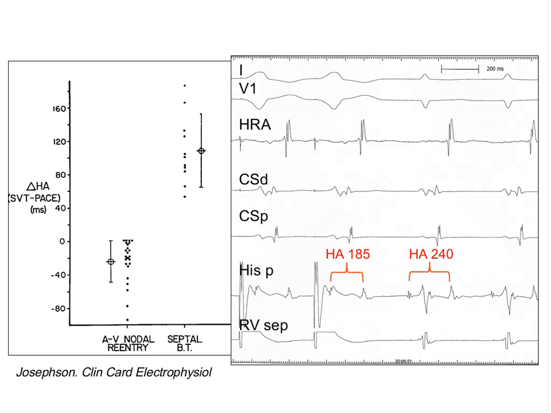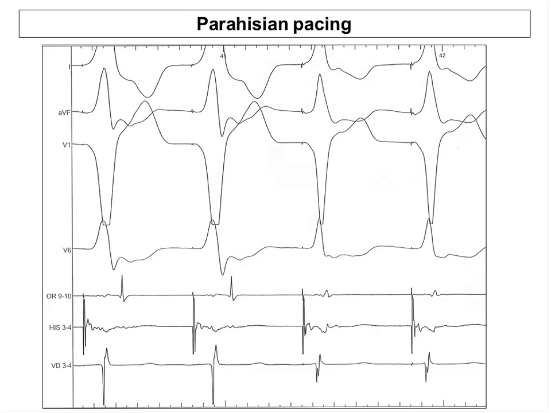All right, so let me now discuss with you para-Hisian pacing. Para-Hisian pacing, as you know, is a maneuver where you pace through a catheter that is located exactly at the His bundle area.